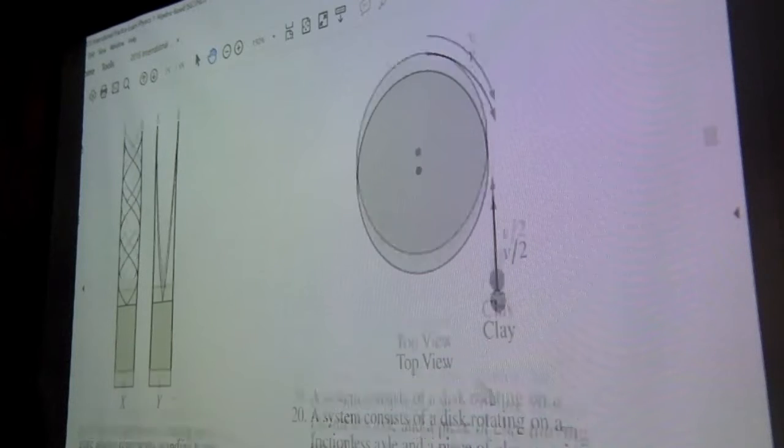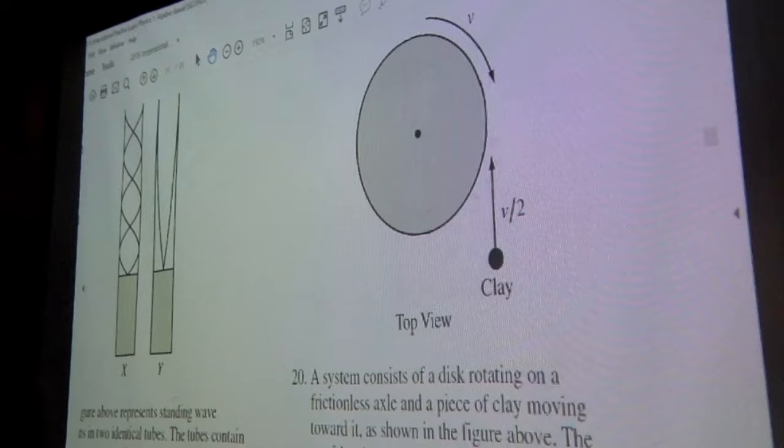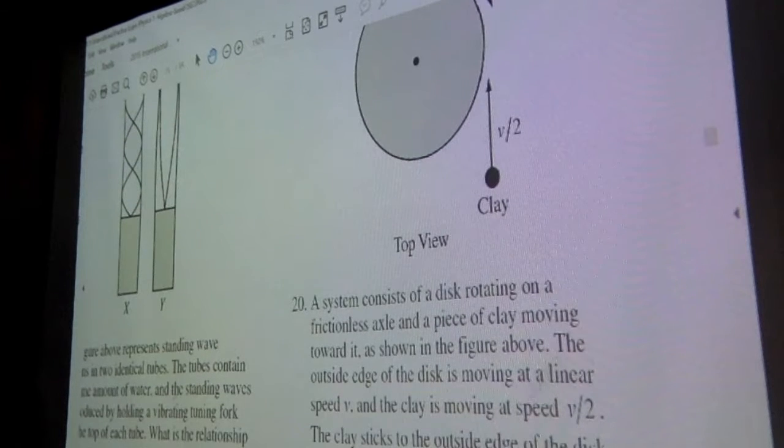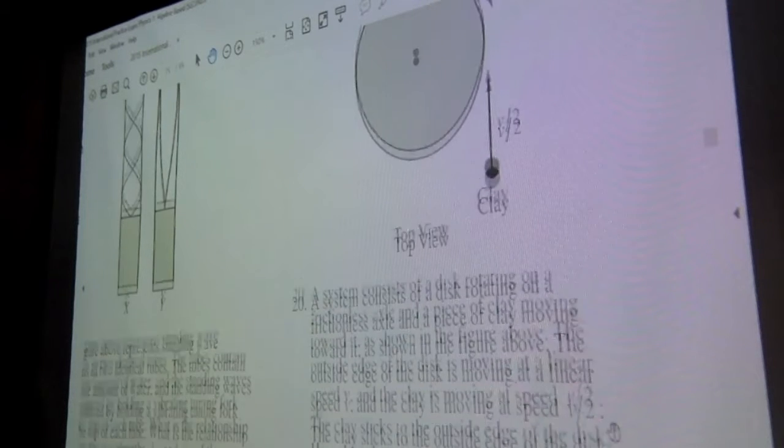Here is another question. This is a disc rotating on a frictionless axle, and a piece of clay is moving towards it. The clay is moving towards it with the speed of v/2, and the disc is spinning with the speed v. The outside edge of the disc is moving at a linear speed of v, and the clay is moving at a speed of v/2.